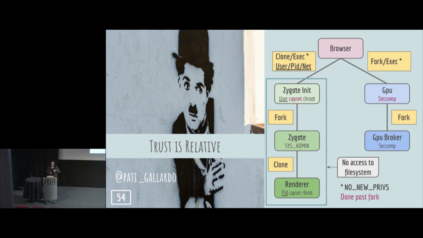So this box here, with the zygote init, the zygote and the renderer, has now been shrunk even further. It was already in these namespaces, but now it has no access to the file system, you've dropped all capabilities, and then you set resource limits. So basically, you're just trying to shrink and shrink and shrink, because what you are trying to protect the most is the render process.